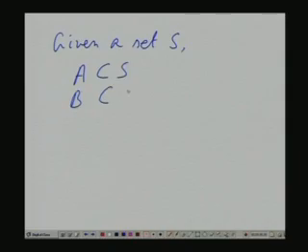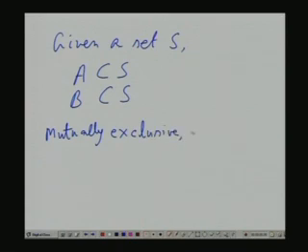Few more definitions. Suppose you are given a set S, you have got two subsets A, B. A and B will be called mutually exclusive if there is no intersection.